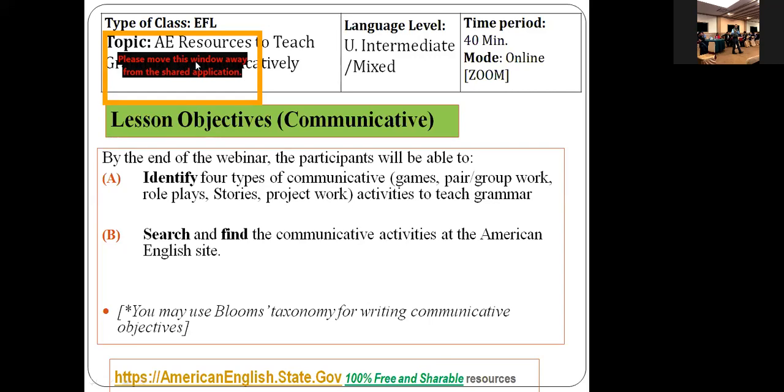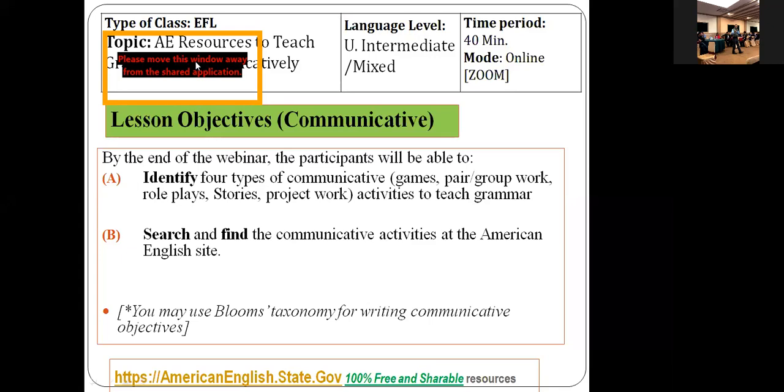I just have 2 objectives because I want to achieve them. Communicative objectives should be achievable and realistic, and they should also have the quality of solving day-to-day or life-related problems.